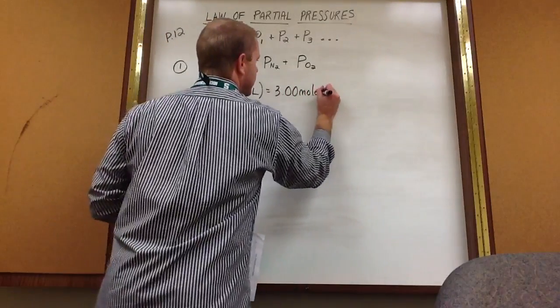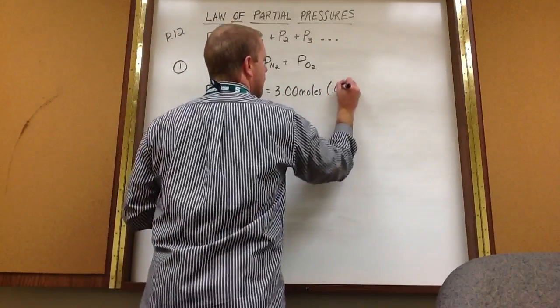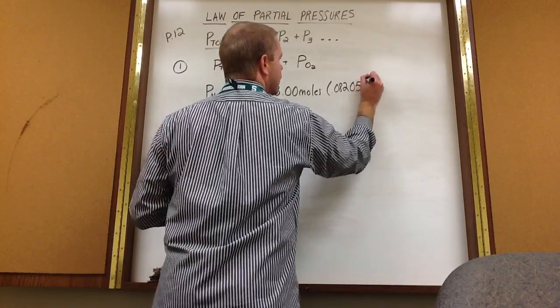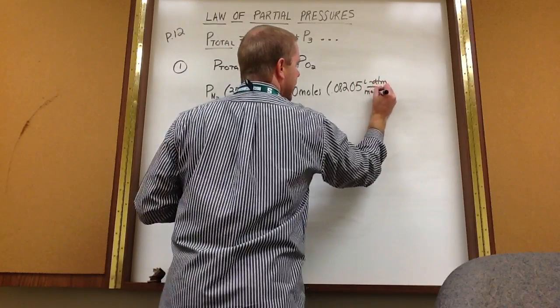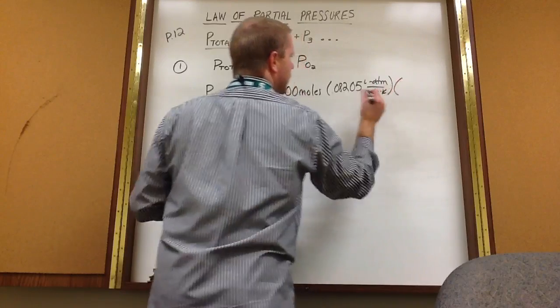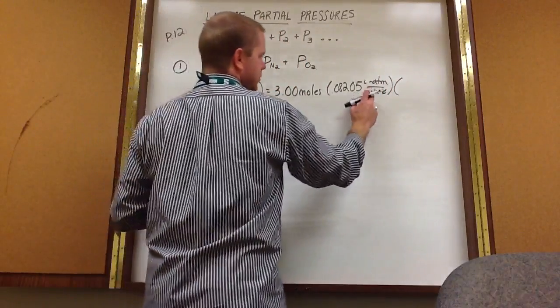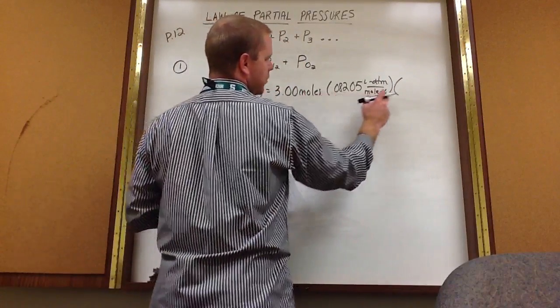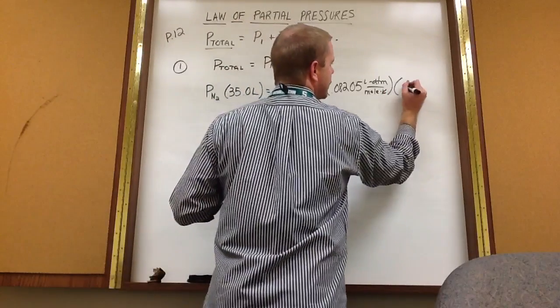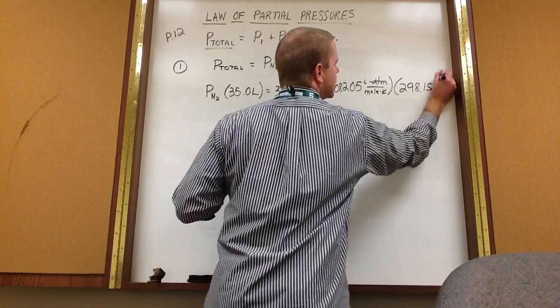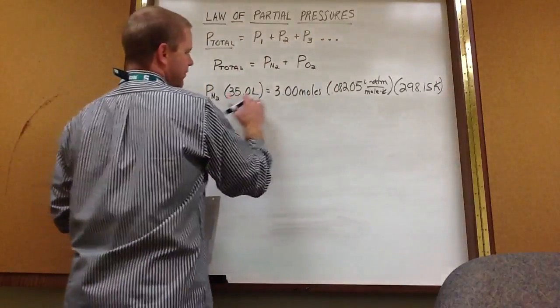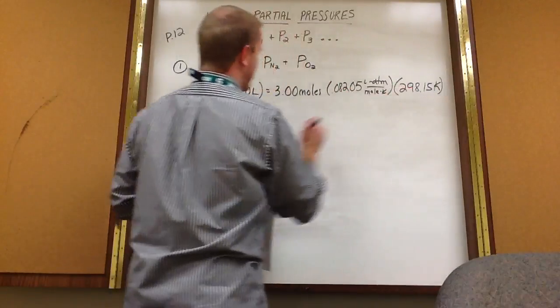3.00 moles times 0.08205 liter-atm per mole-Kelvin. Liters match liters, moles match moles, and Kelvin has to match here, so this is 298.15 Kelvin. 3 sig figs, 3 sig figs, 4 sig figs, 5.